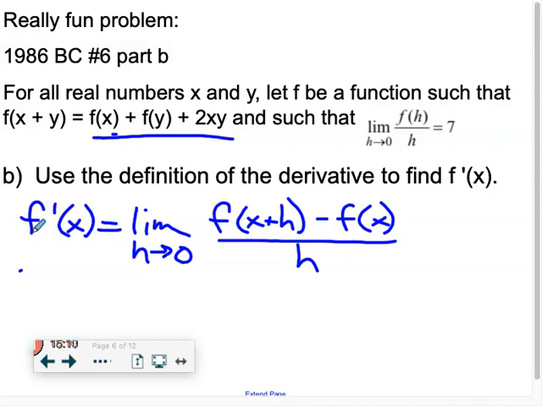You have f of y plus 2x. Because f of h would be right over there. And then you've got f of x plus h. F of x. Wait, how'd you get rid of the y? Oh, you figured it out.